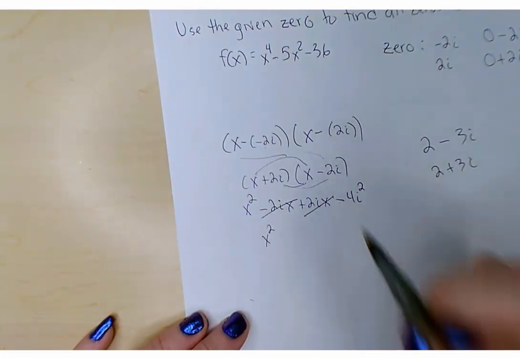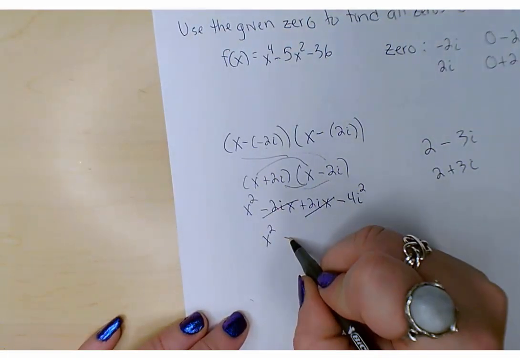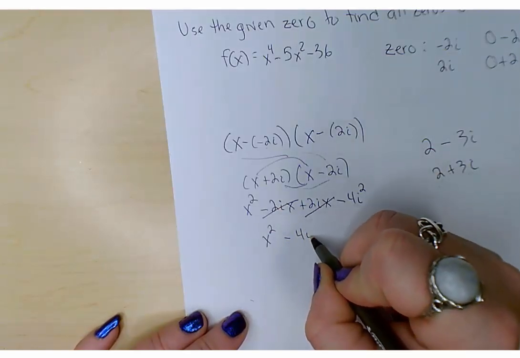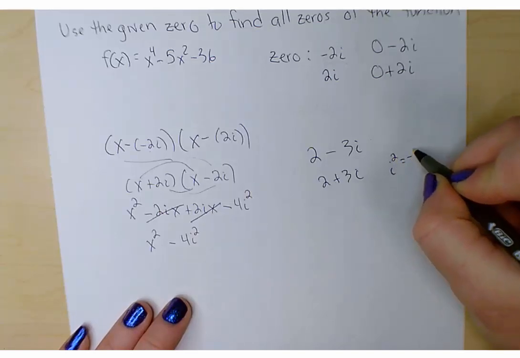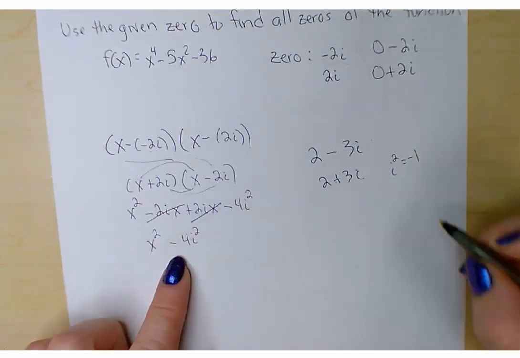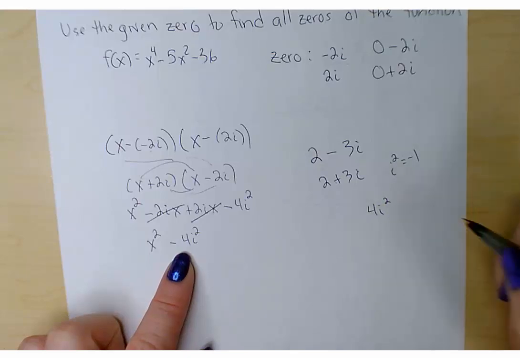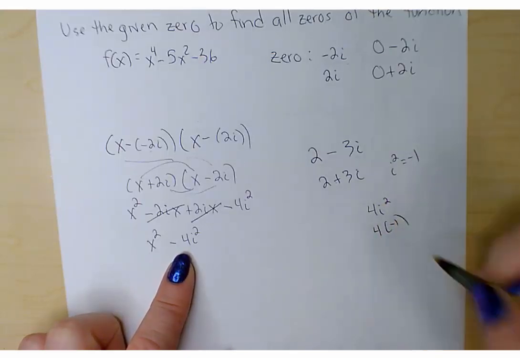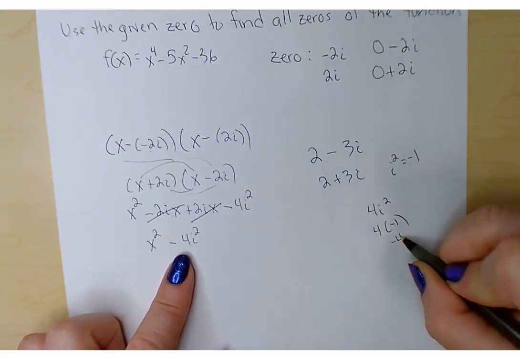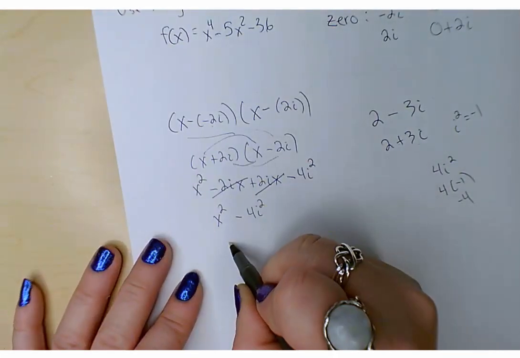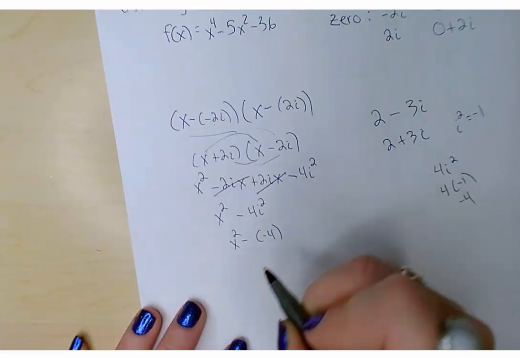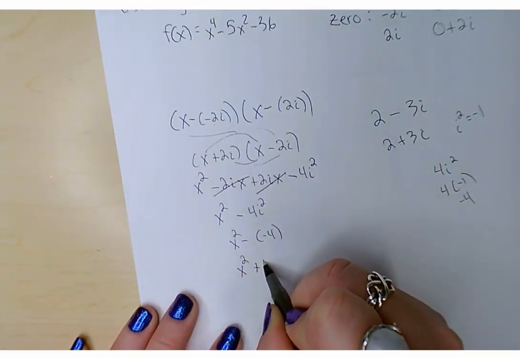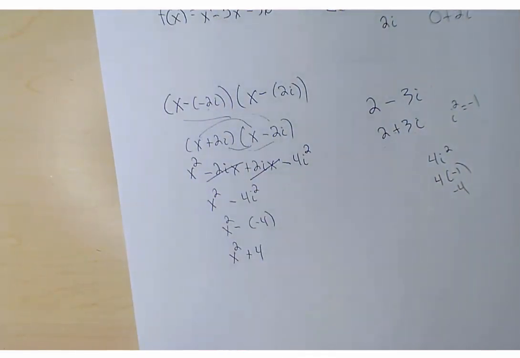Negative 2ix plus 2ix cancels, and we're going to drop down the minus 4i squared. Now keep in mind, i squared is equal to negative 1. So this 4i squared here is really 4 times negative 1, or a negative 4. So this is x squared minus a negative 4, which is just x squared plus 4.